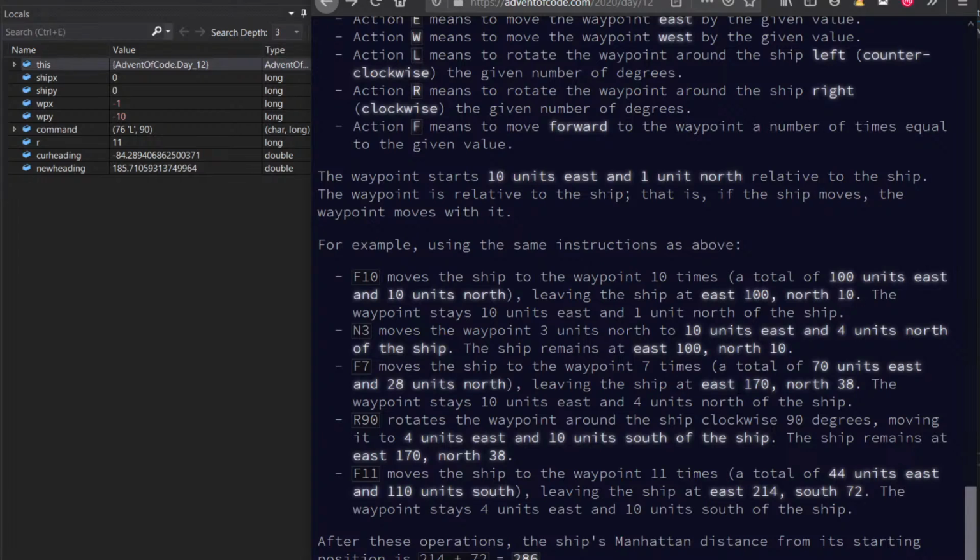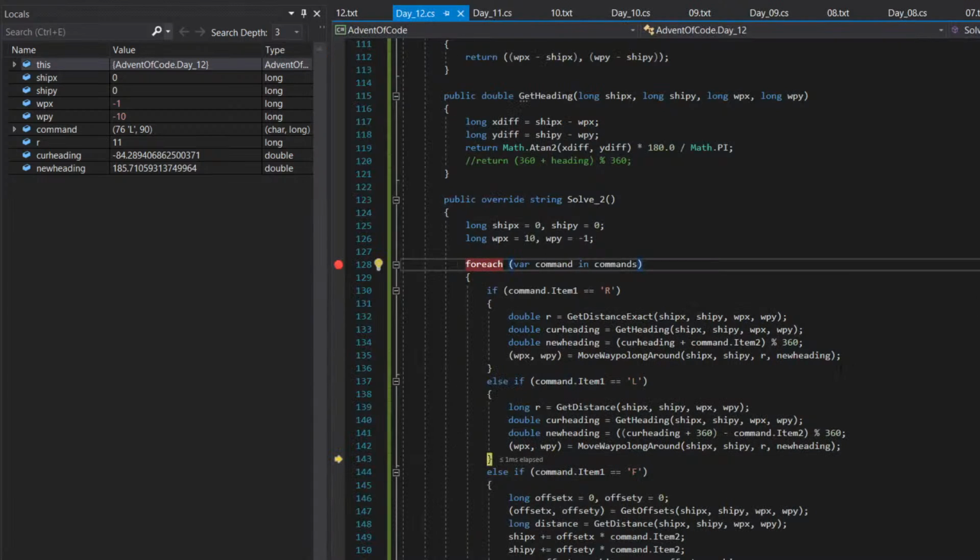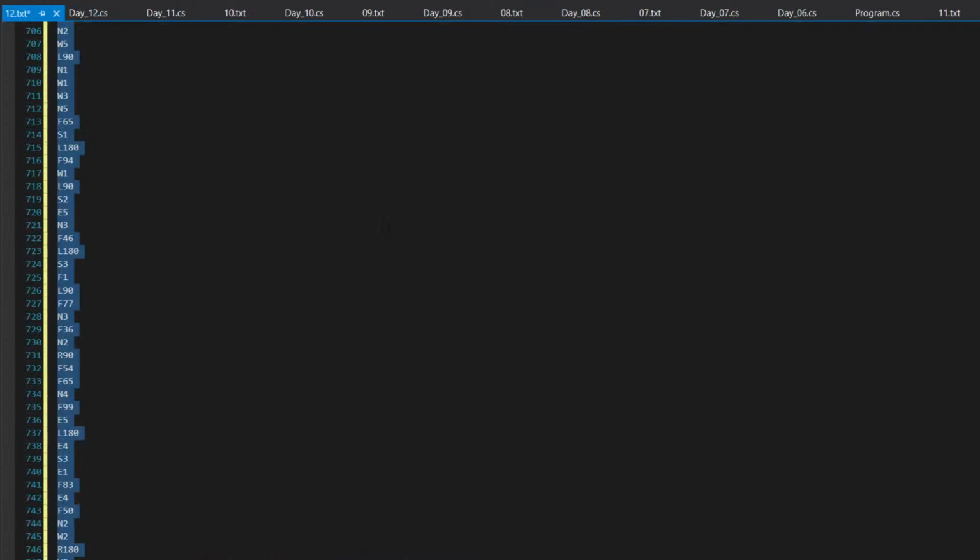I mean, we have the test movement correct. I wonder what's wrong with the actual input. So we have this.